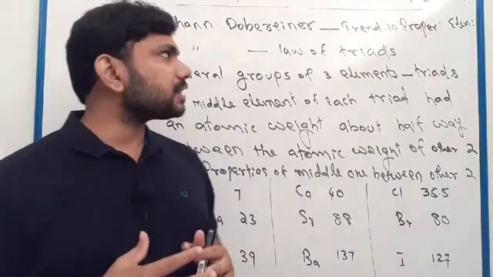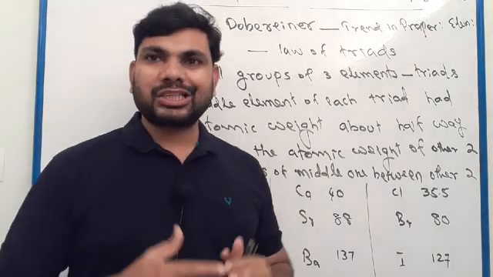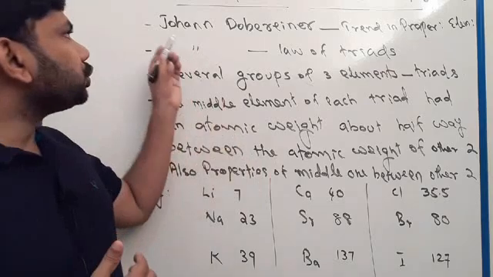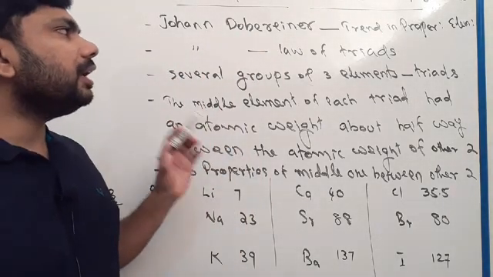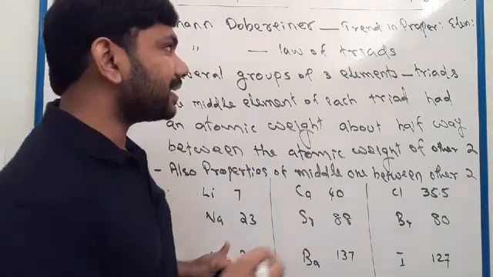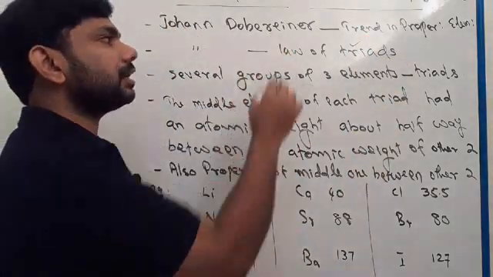He is the scientist who first observed a trend in the properties of elements, and he introduced the law of triads. The term triads was introduced by Dobereiner.